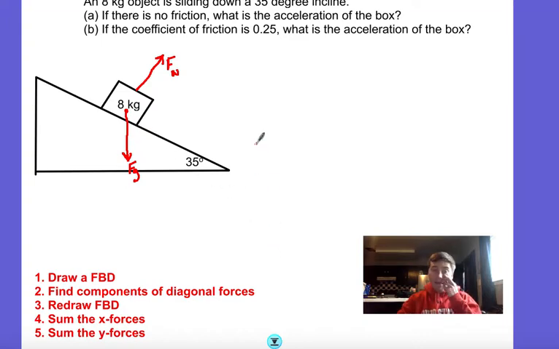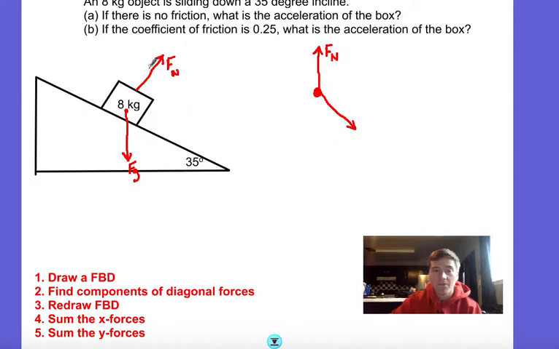So one thing that I like to do is make the normal force push straight up. Since it's right here at a 35-degree angle, I'm going to rotate that 35 degrees so that the normal force is acting straight up. So here's the normal force straight up, and that means this guy's going to slide 35 degrees this way.